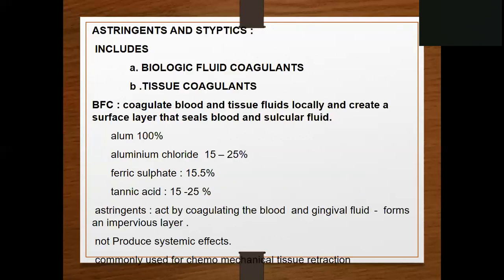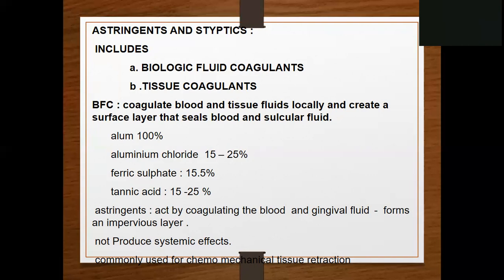The second one is the astringents. This includes the biologic fluid coagulants and tissue coagulants. They coagulate the blood as well as the tissue fluids locally, and they create a surface layer that seals the blood and crevicular fluid.